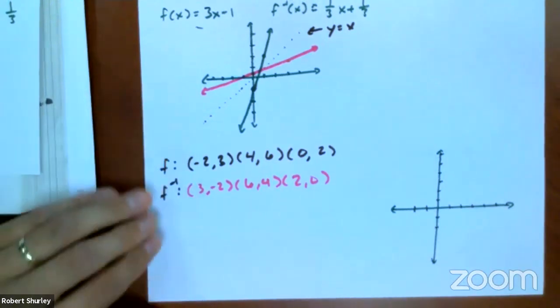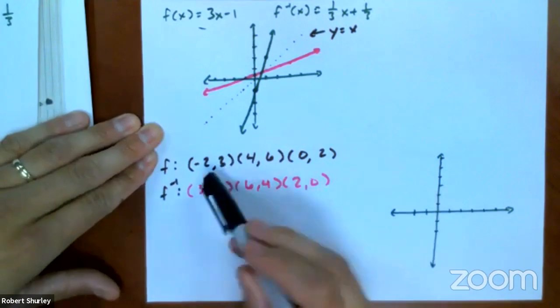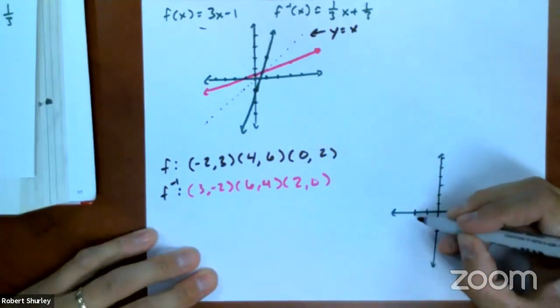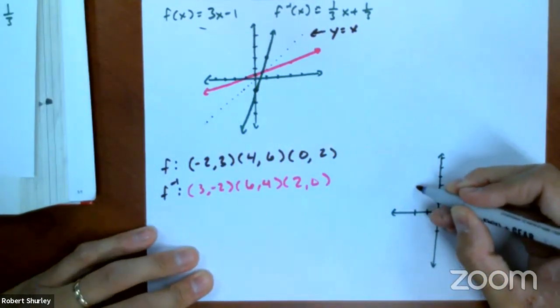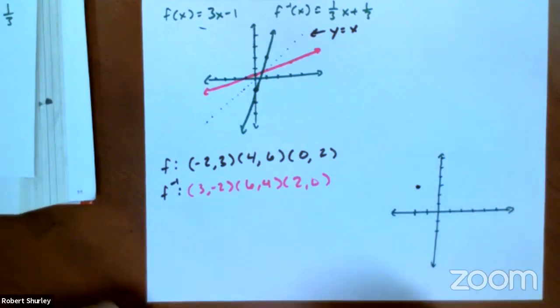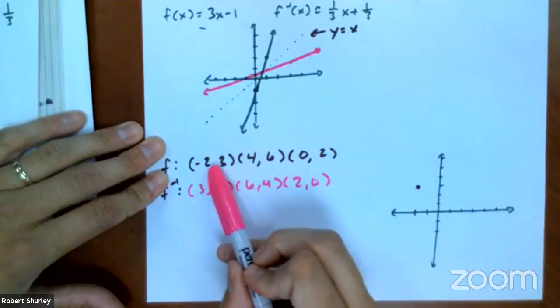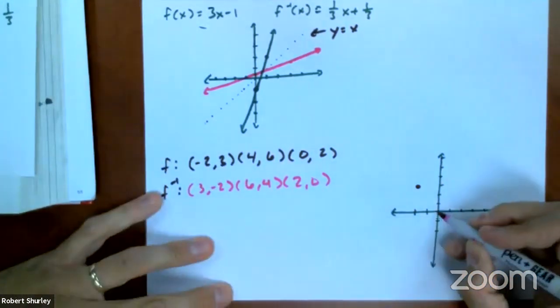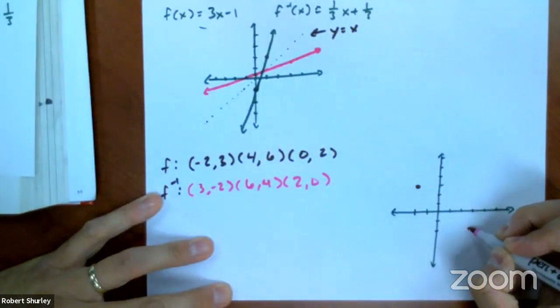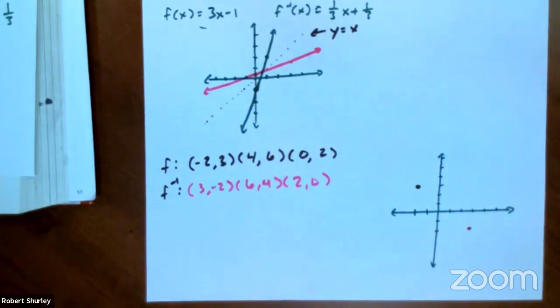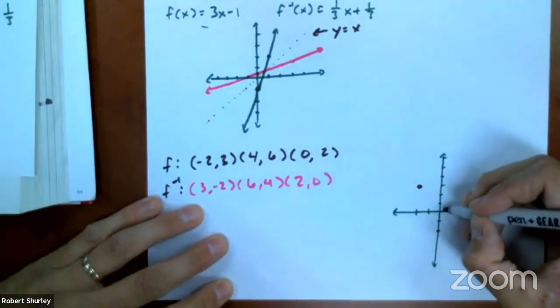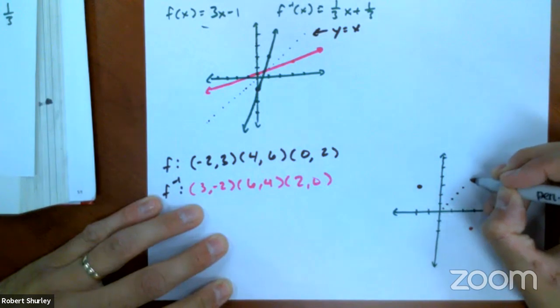Okay. So I'm going to graph the black coordinates first, right? The original function's coordinates. So -2, 3. But I want you to see something that's kind of neat. When I graph the inverse coordinate for this, 3, -2, notice it is symmetric around this line, okay?